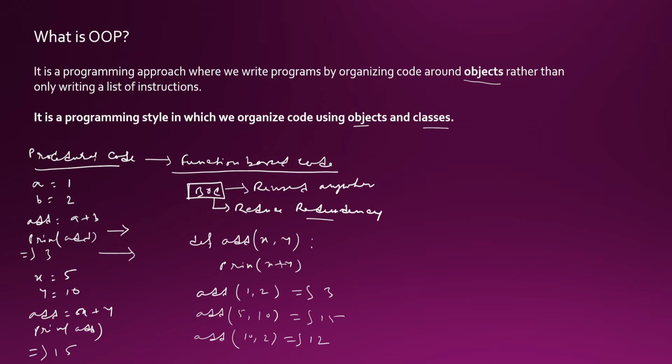Now, when we move to an advanced level of programming, like when we create any real world software such as a banking system or a student management system, these are all real world software.